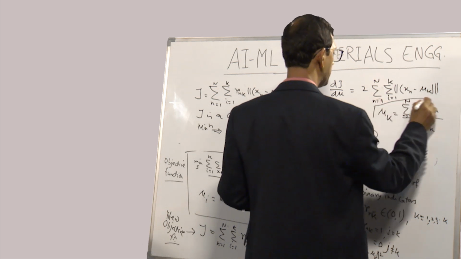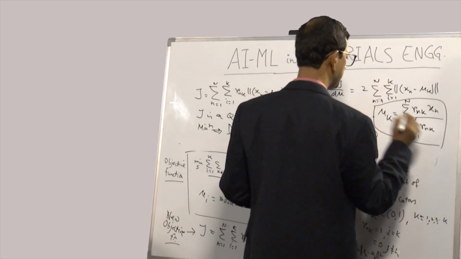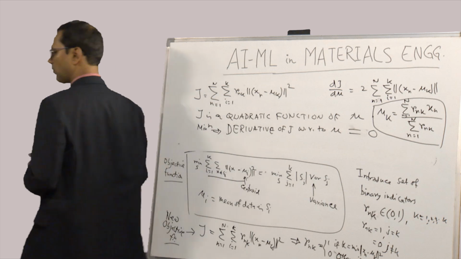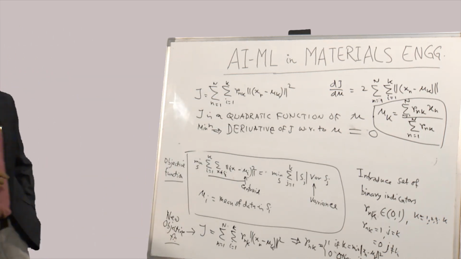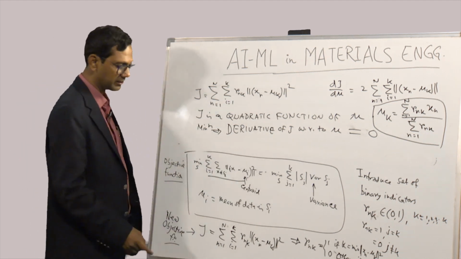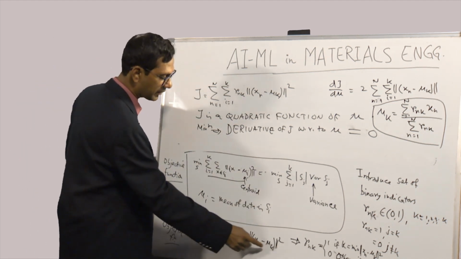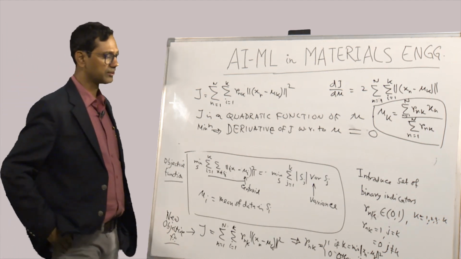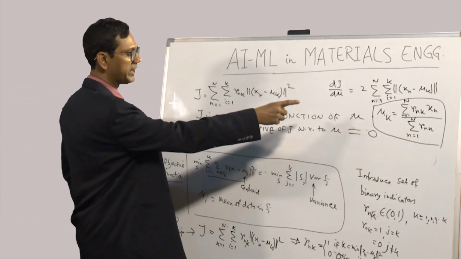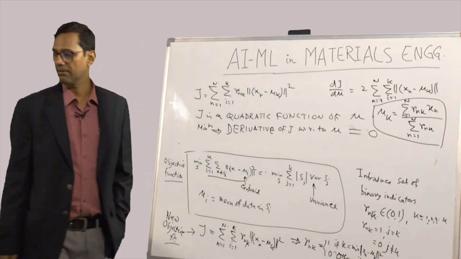That is your optimized value of mu_k. That means, simply by optimizing this objective function, I can find the value of r_nk and the value of mu_k. That is what I need for any cluster to form. I need to know the mean value, and I need to know the r_nk values.